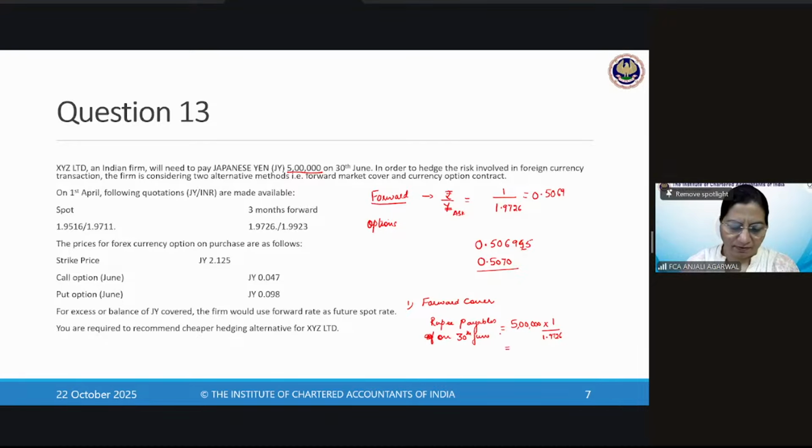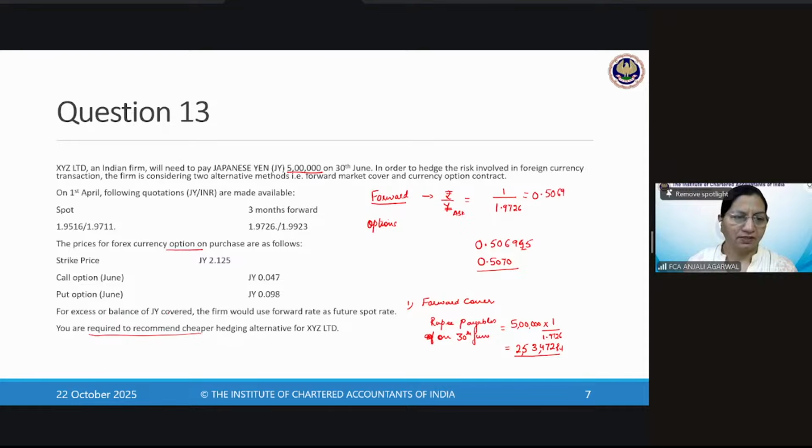When you multiply this, you get a figure, which you can round off or keep as 253,472. So this is your payables in forward cover. Now, when we are asked to recommend, we will compare this, 253,472, the forward cover payables, against the option.